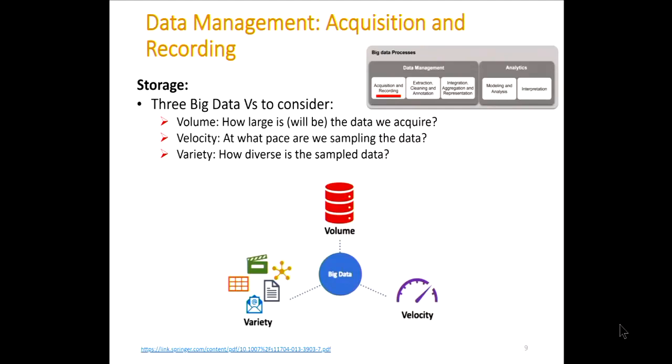And definitely when you're looking at it, since the data storage is closely related to the data itself, you need to keep at least the 3 V's of big data in mind. So the volume, how large, how easy it is for you to expand. This is one of the key elements: is it simple for me to scale out, or do I need to vertically scale by adding more storage units in the same machine?